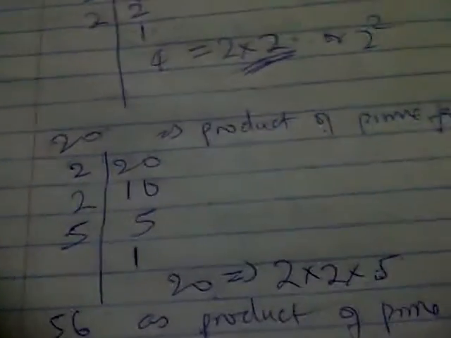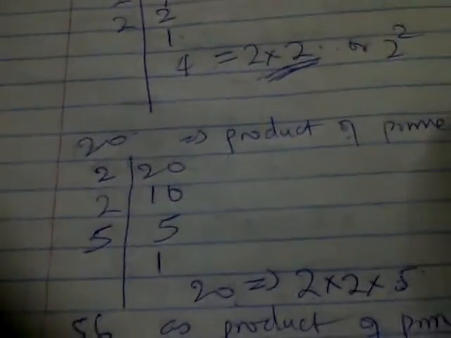Now that is going to give us, using the same format, you have 56. Now 2 would divide out first because 2 is the basic prime factor that it has. So 2 into 56 is 28, 2 into 28 is 14.